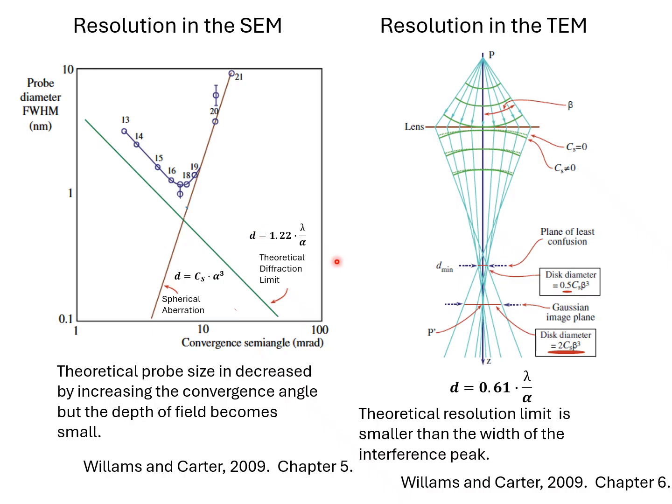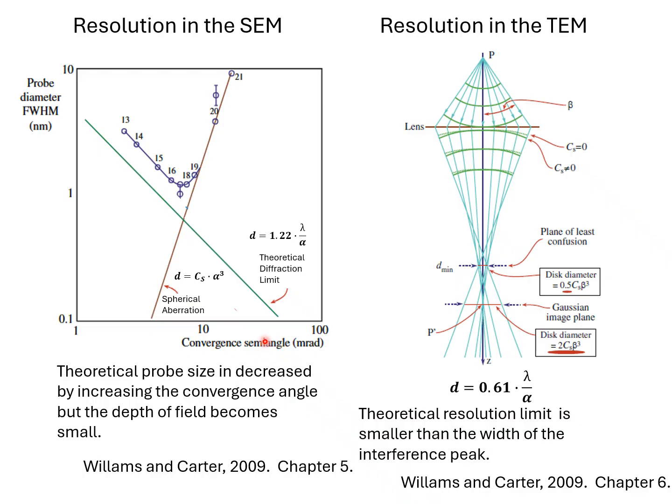So if we take the semi-angle, the convergence angle, which is dictated by the aperture size, because it's a diffraction effect, there's a limitation on the width of the interference peak one would get, given by the wavelength. There's a limitation then in the resolution as one changes the aperture size.